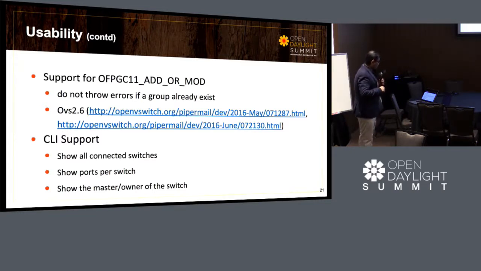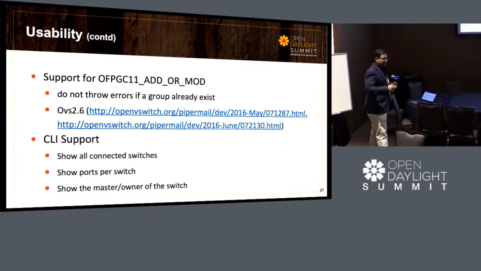This is an important part that comes in because currently with OVS 2.6, there is an add or mod instruction that has been contributed. If my switch already has some groups and the TCP connection between the controller and the switch goes down, when it reconciles, I send the group adds again.